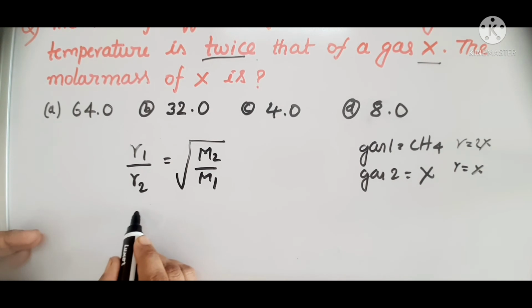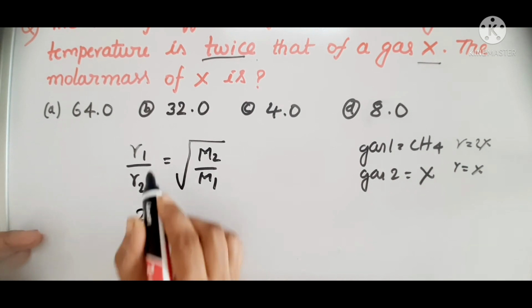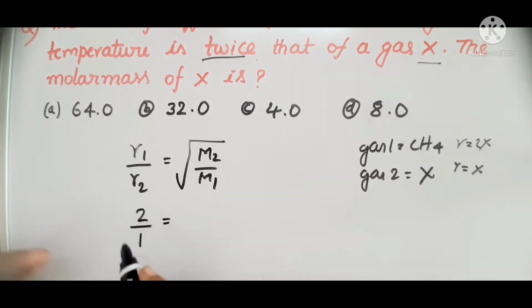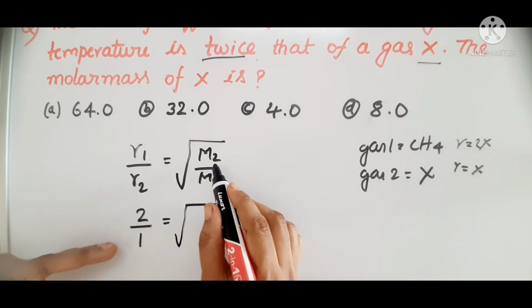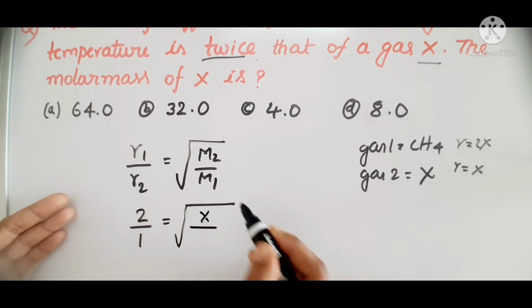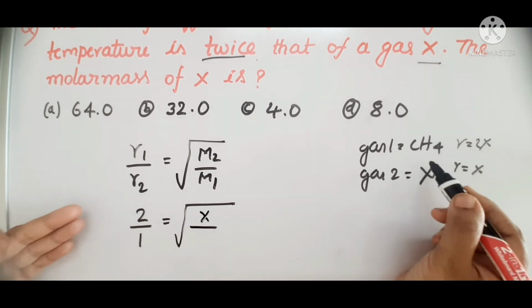So you can write it like 2 by 1, because methane diffusion rate is twice that of gas X diffusion rate. So 2 by 1 equal to square root of, what is the molecular mass of gas 2? We don't know. So X divided by M1. What is the methane molecular mass?